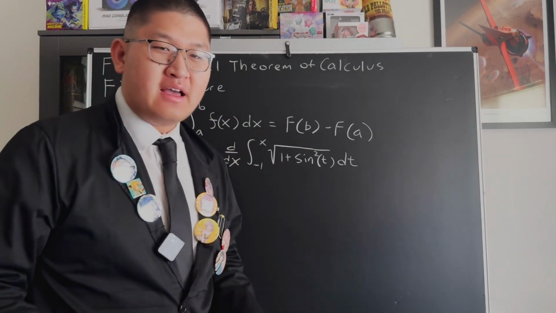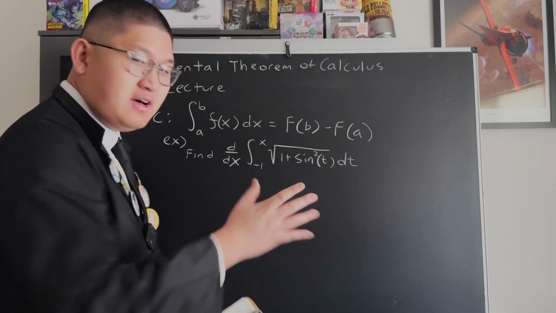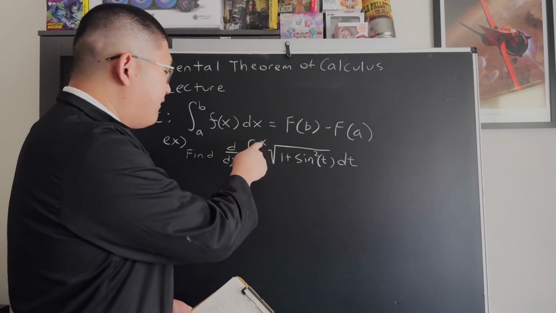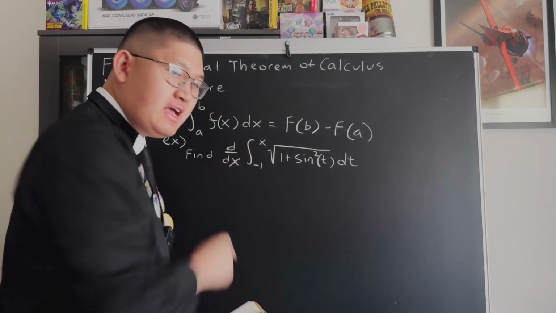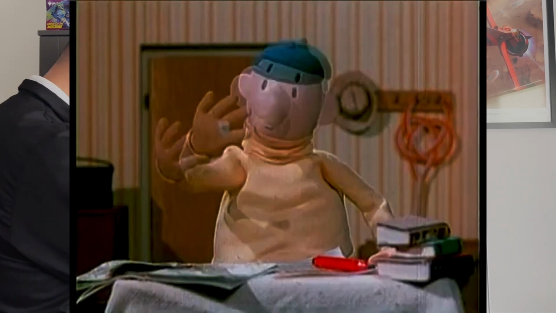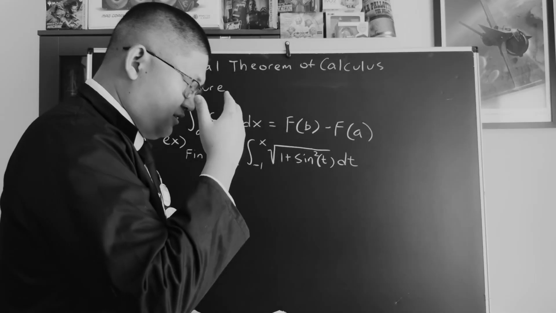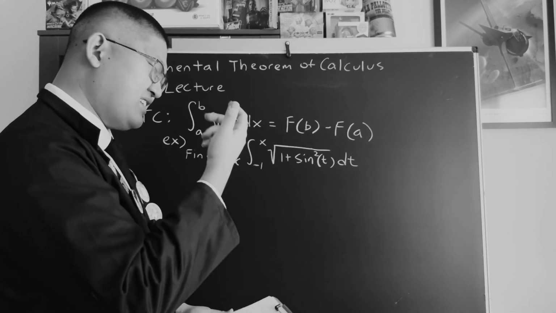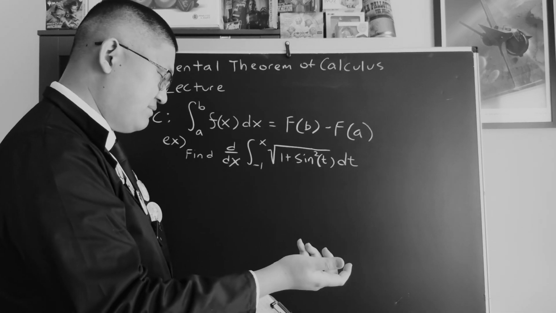What is all of that? Is that even possible? Like, seriously, we have a derivative and then an integral and then a variable as a limit of the integral? Oh, calculus is too hard. We might as well just give up.